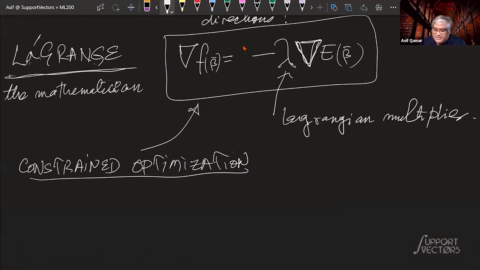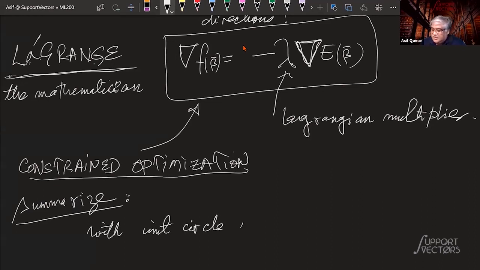So let us summarize. My spelling is getting more atrocious. Summarize. With the unit circle as constraint, right?